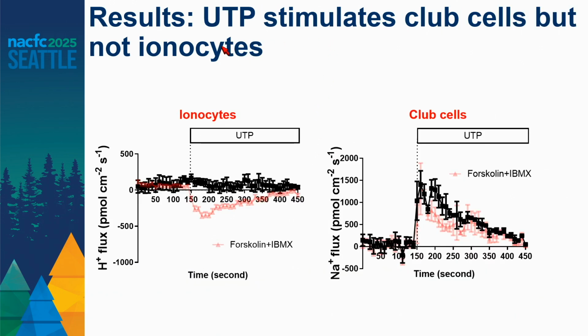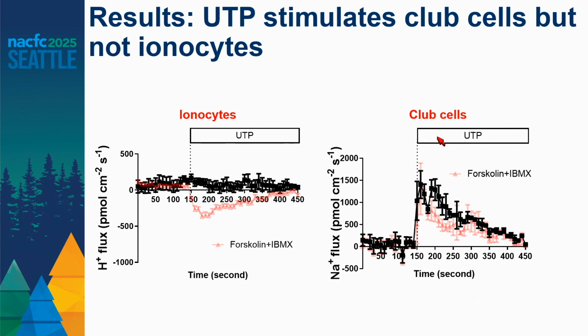Also, we studied other stimuli, such as UTP. UTP is very interesting because Dr. Okuda in 2021 in the Blue Journal showed that pulmonary ionocytes do not express the P2Y receptor, which senses extracellular UTP. So here we show that UTP does not stimulate ionocyte function in the swine distal airway, unlike what we got from forskolin IBMX.